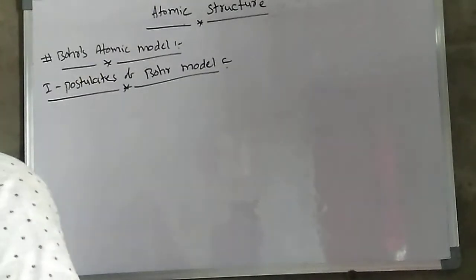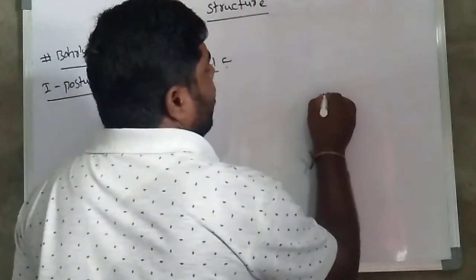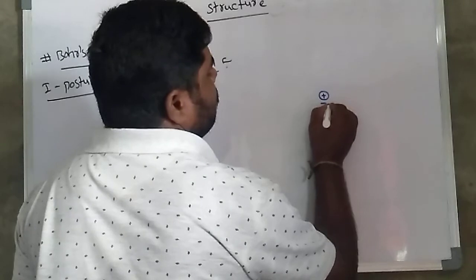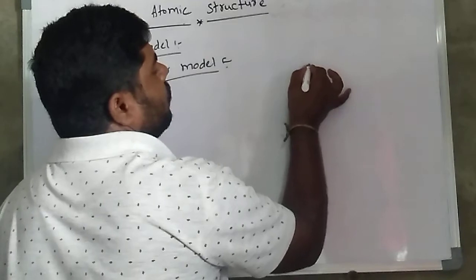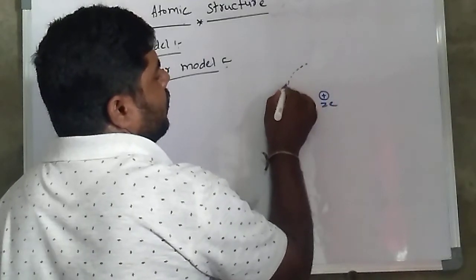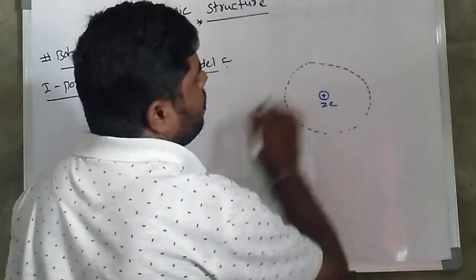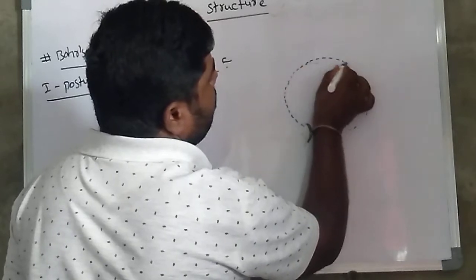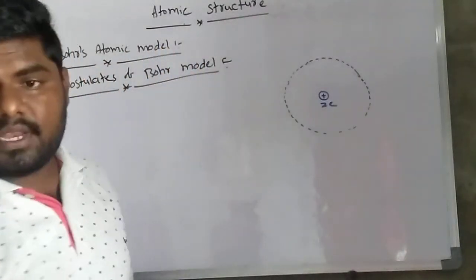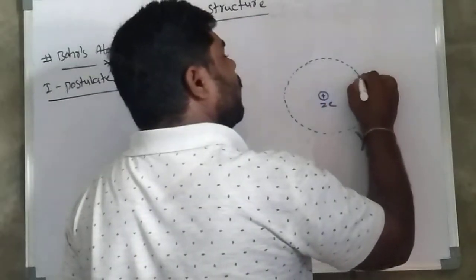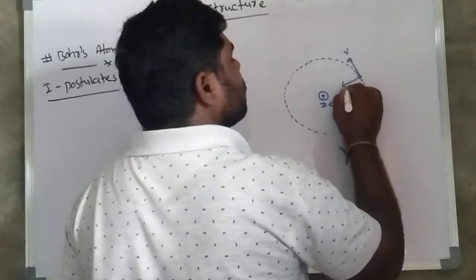Let us consider one hydrogen like atom. This is the nucleus, with charge ZE. One electron is revolving around this nucleus with velocity v.